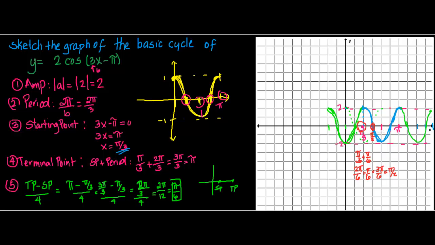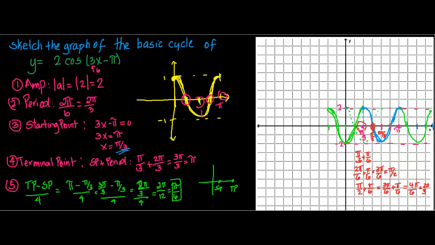Now if I want to know what this x coordinate is, I would have to take pi over 2 and add pi over 6 again, because there's pi over 6, the distance between these two intervals. So pi over 2 plus pi over 6 would equal 3 pi over 6 plus pi over 6, which is 4 pi over 6, which is 2 pi thirds. And that would be this x coordinate, 2 pi thirds.